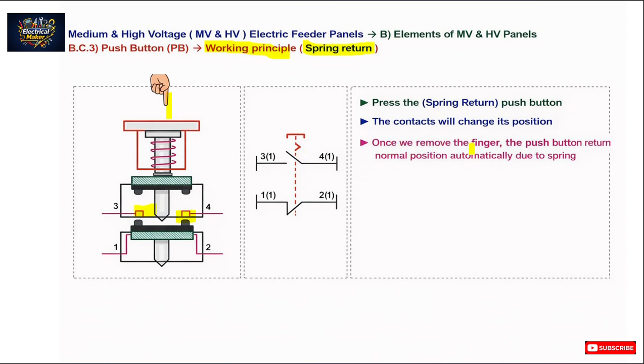Once we remove the finger, the push button returns to normal position automatically due to the spring. Due to the spring inside, it returns to normal position. This type of spring return push button is normally seen in a home doorbell. When you press the bell, it makes the sound.